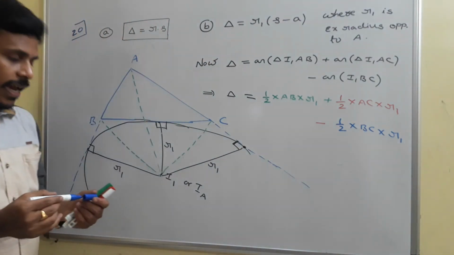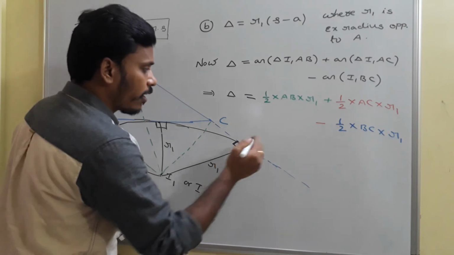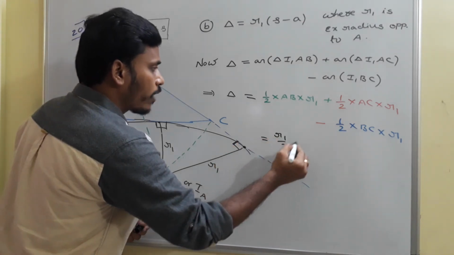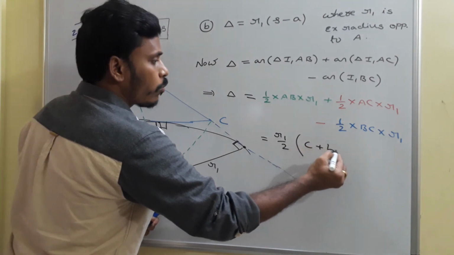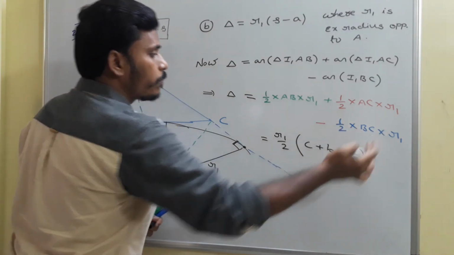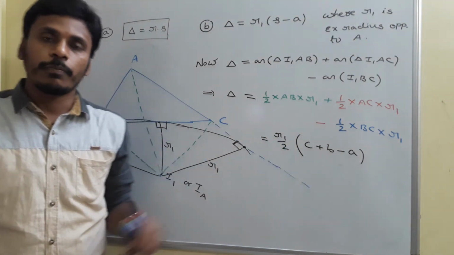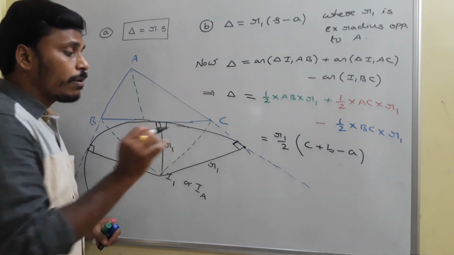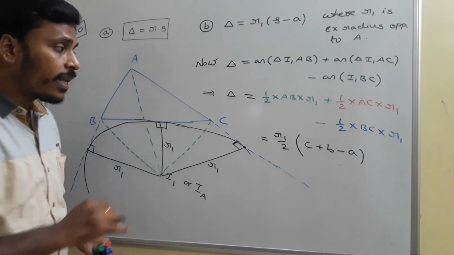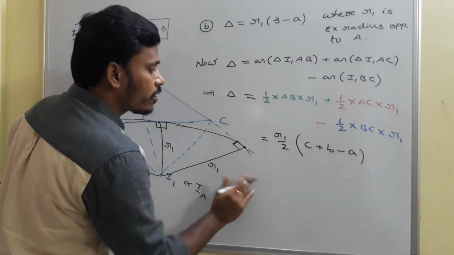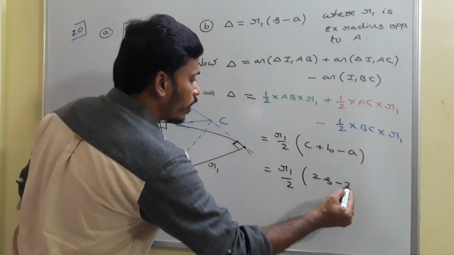At the end you just take out R1 by 2 common from these three terms. R1 by 2 times of AB, which is small c, AC is small b, BC is small a, minus BC. So c plus b minus a. Already we mentioned in the previous classes that S is the semi-perimeter, 2S is a plus b plus c, and c plus b minus a is simply equal to R1 by 2 times of 2S minus 2a.